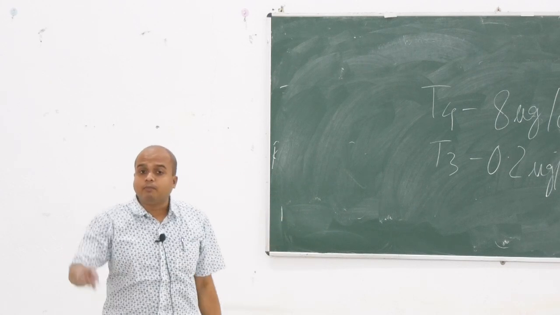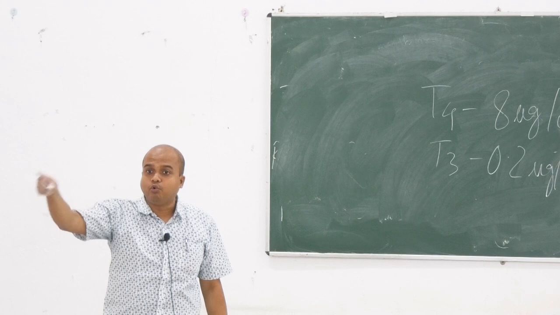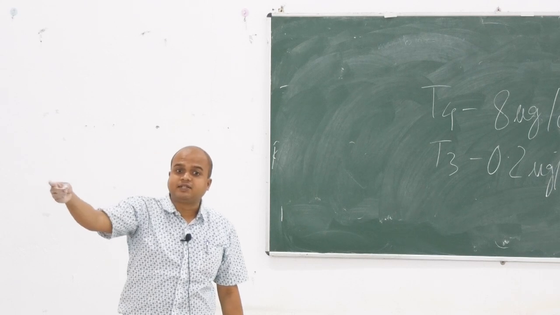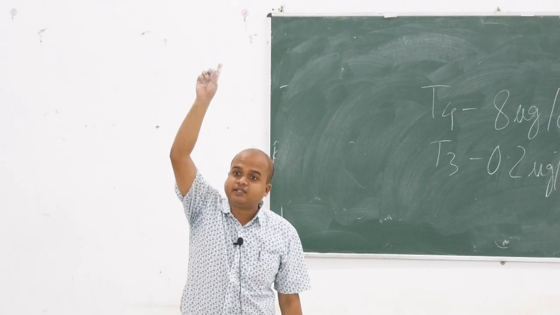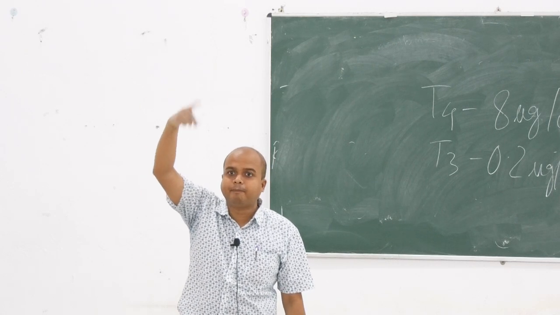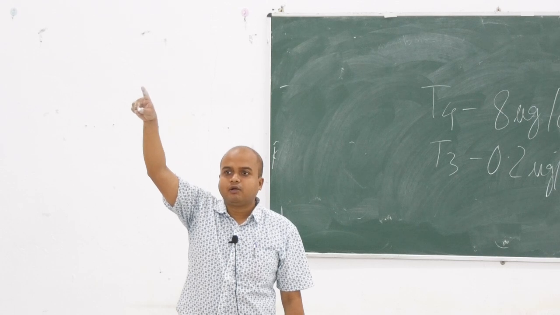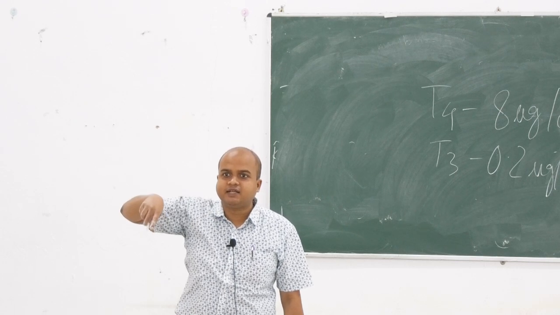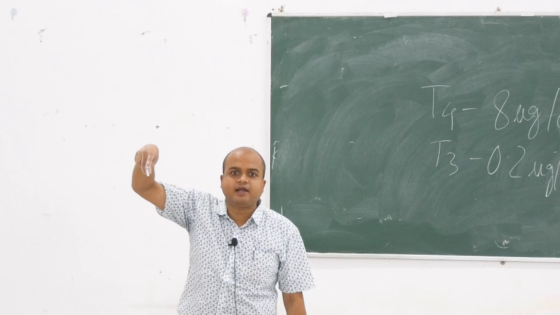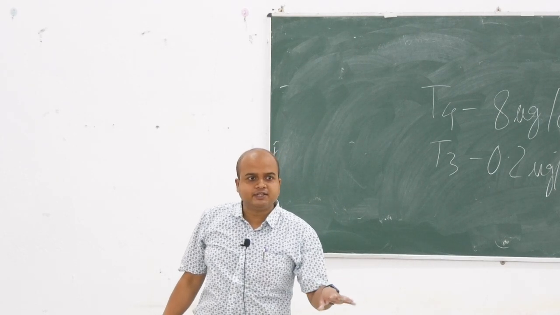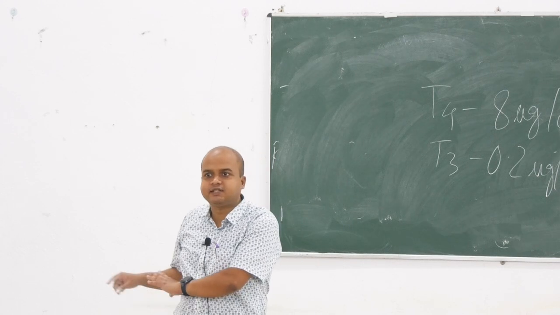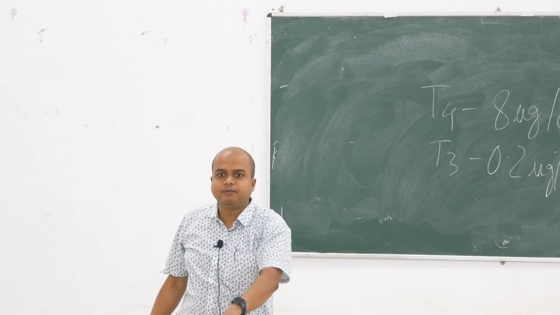So 99% is protein bound, less than 1% is free. If that increases, it will send negative feedback to the pituitary. That will cause the pituitary to secrete less TSH, and less TRH from the hypothalamus. This is simple. Less thyrotropin releasing hormone from the hypothalamus, less TSH from the pituitary, and then T3 levels will be brought back to normal.